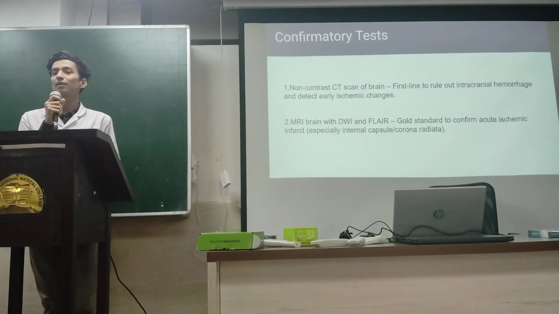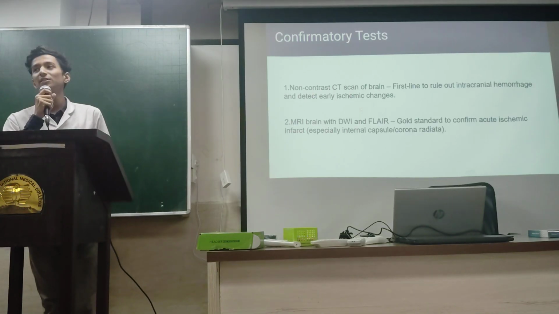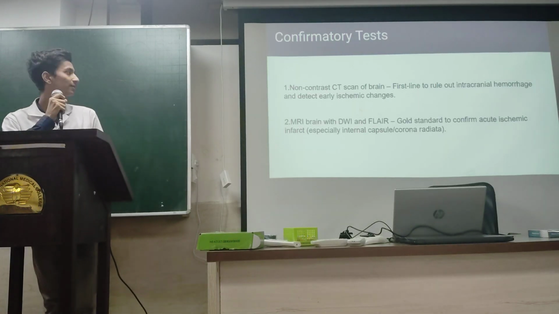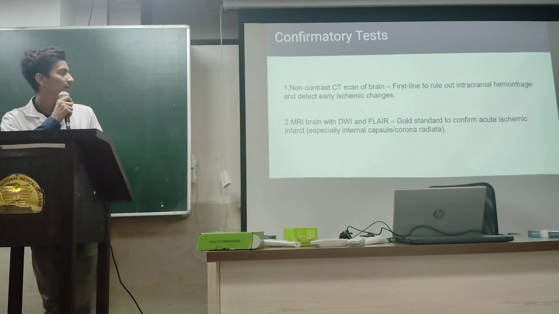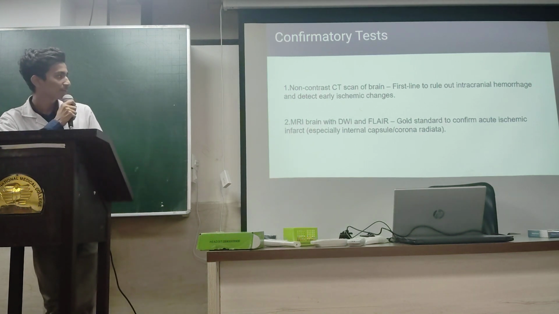Let's start with the confirmatory tests. The confirmatory tests include CT scan of the brain, MRA, that is magnetic resonance angiography, and NCCT scan of the brain, that is non-contrast CT scan of the brain. First, it is used as first line to rule out intracranial hemorrhage and detect early ischemic changes.